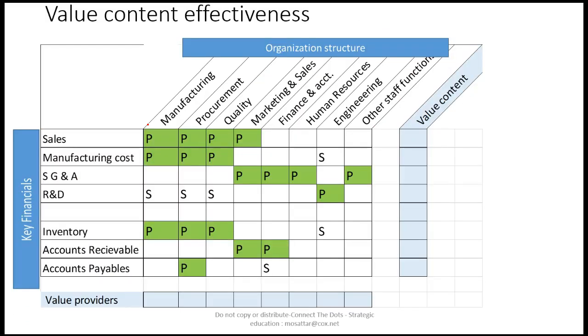So the example here is that typically, and again this is not 100% because it will depend on the value chain of the company and will depend on the industry and so on. But typically what you're going to find, the sales. Obviously, marketing and sales is involved because they have to figure out where the selling should take place, etc. So they would be one of the primary responsibilities.